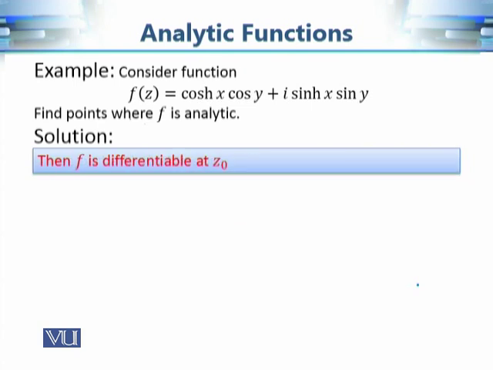So we can say that the function f is differentiable, and since these conditions are satisfied at each and every point in the complex plane, the function is differentiable at each and every point, and hence it is analytic at each and every point in the complex plane.